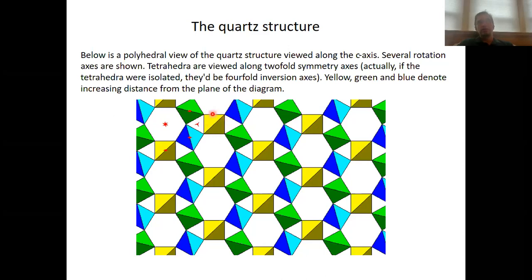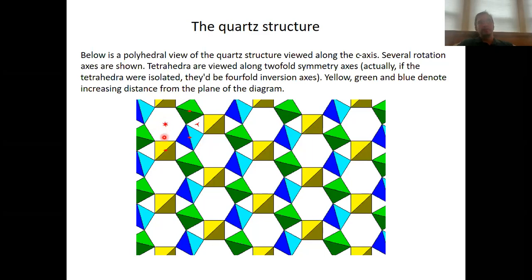So if we say yellow is the closest to us, then this one would be further away from us, and this one would be further away still. Okay. So in this case, we would actually rotate counterclockwise along the screw axis. Okay, so these three tetrahedra would belong to the same threefold screw axis, which would turn counterclockwise.